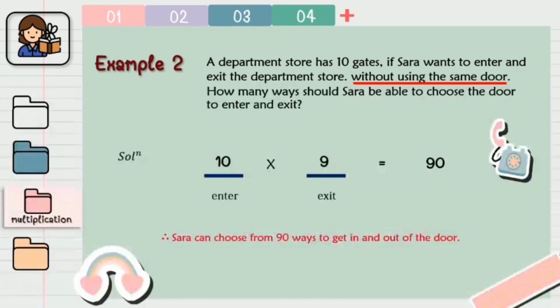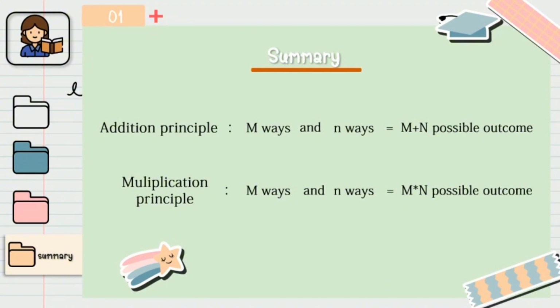Okay, we will have to stop here. Next, we will summarize what we learned today. In summary, the first part, the addition principle, is that if there are m ways of performing one step and there are n ways of performing another, then there are m plus n possible outcomes.